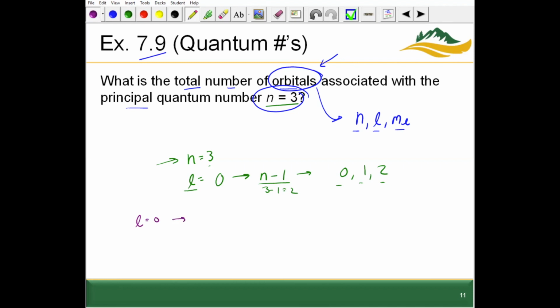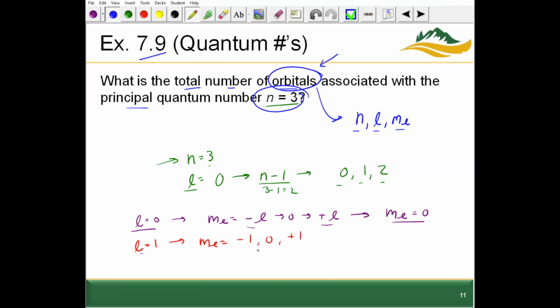For l equal to 0, the possible m sub l values, it's always minus l up through 0, then to plus l. For l equal to 0, we can't have negative 0, we can't have positive 0. That's just an m sub l value equal to 0 in this case. Let's do l equal to 1. When l is equal to 1, m sub l can be minus 1, 0, and plus 1.